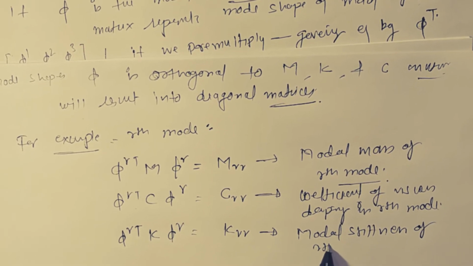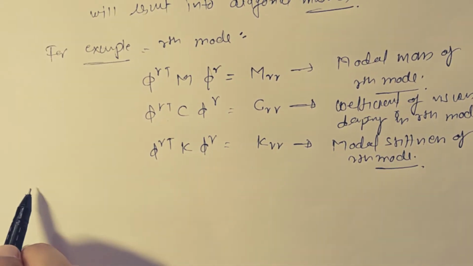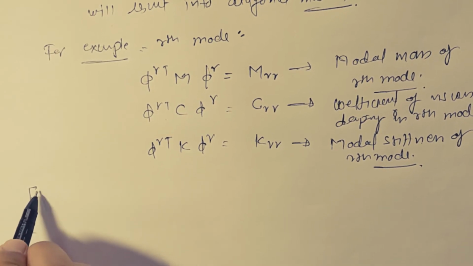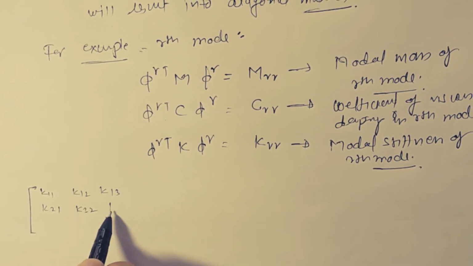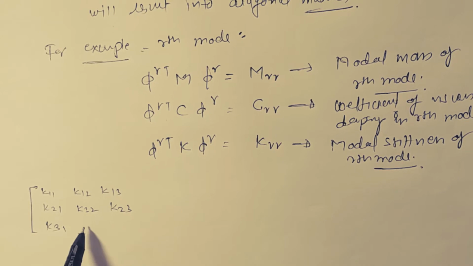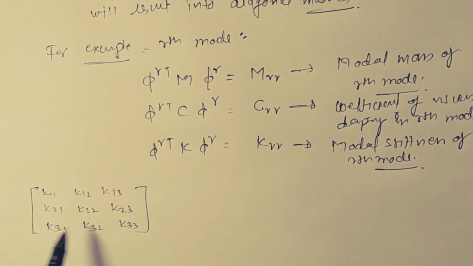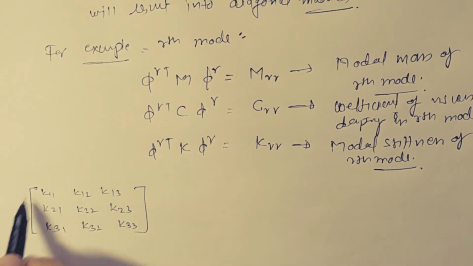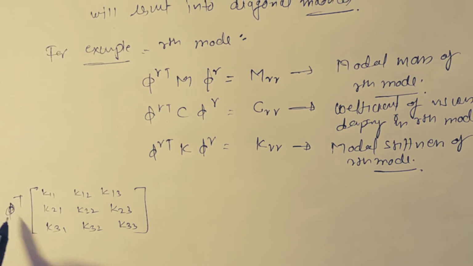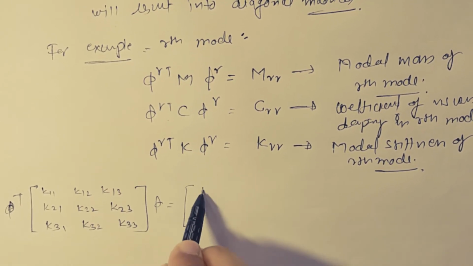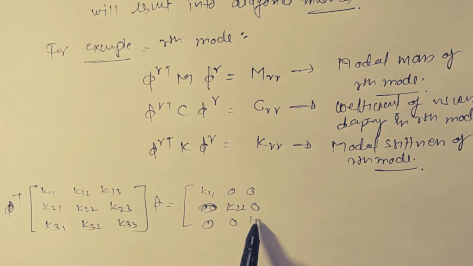of the rth mode. So in general, if we have the matrices as K11, K12, K13, K21, K22, K23 and K31, K32 and K33, if we are talking about a 3 degree of freedom system, and this is the non-diagonal stiffness matrix, and we multiply by phi transpose and phi, where phi is the modal matrix, then this will result in K11 0 0, 0 K22 0, 0 0 K33.